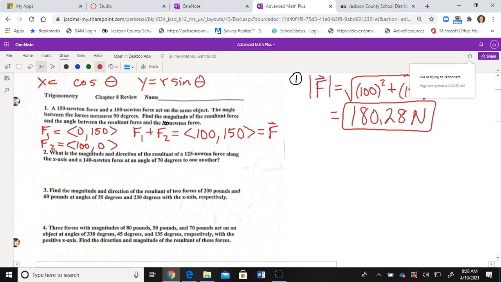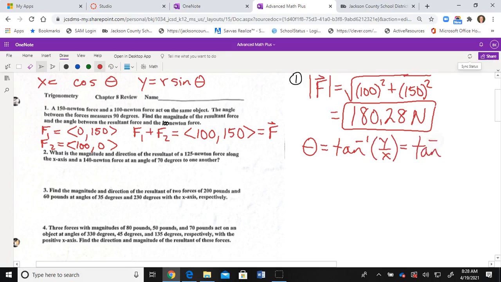For your theta, should have written this up here, but I'll write it here. Theta is always the inverse tan of y over x. This is finding the angle, the direction. So what was the y part of my vector? 150. And what is the x part of my vector? 100.